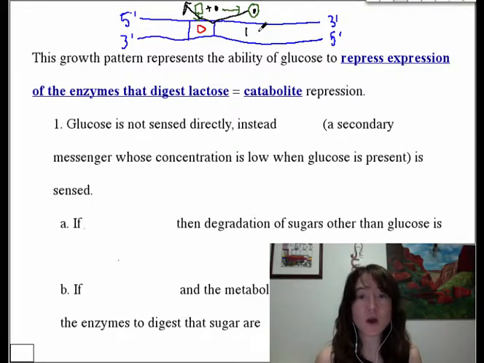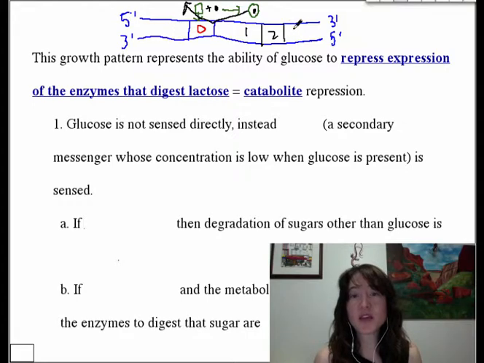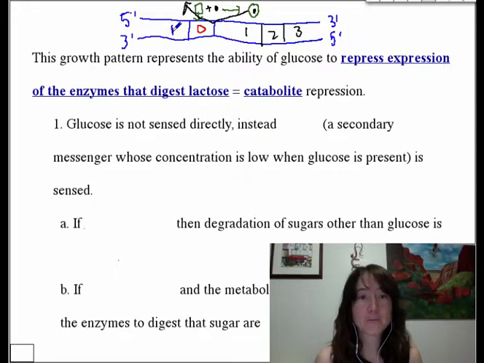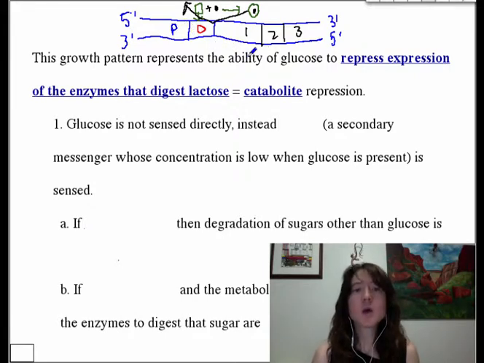So we had genes 1, 2, and 3, all of these genes involved with the transport in and degradation of lactose. So we have our promoter here and the operator downstream. So we know already that lactose is serving to induce expression and to keep that repressor from repressing.